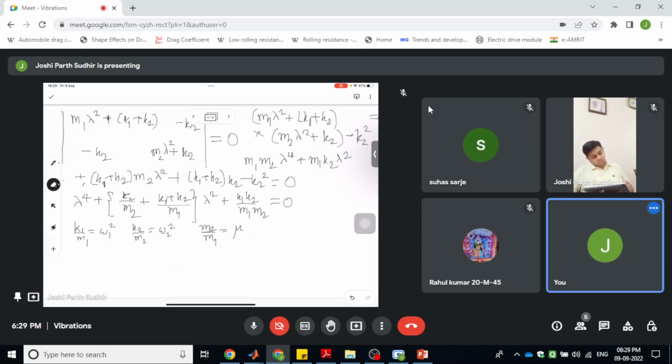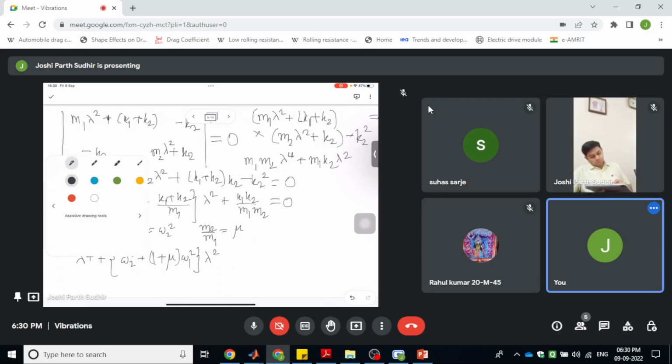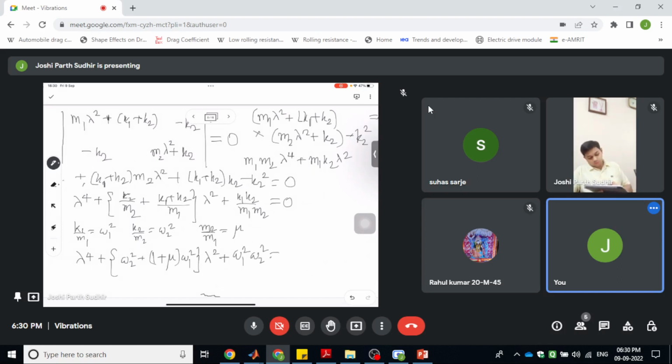Then this equation will get simplified to omega 1 square omega 2 square is equal to 0.